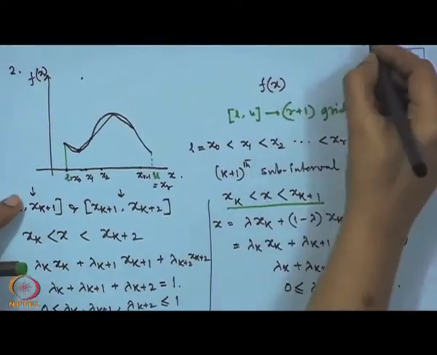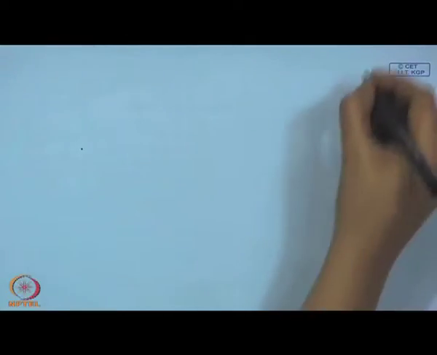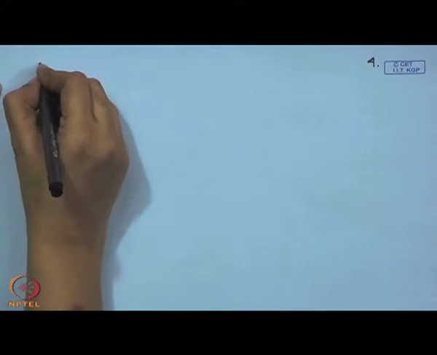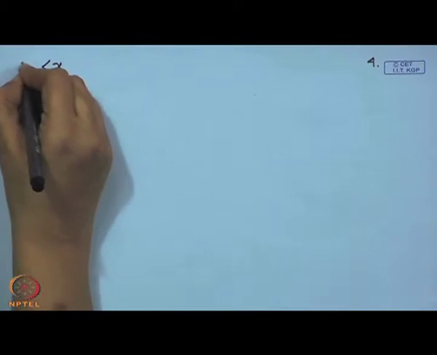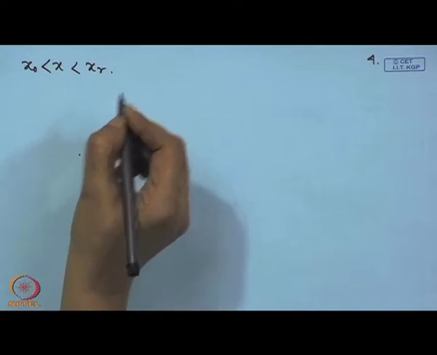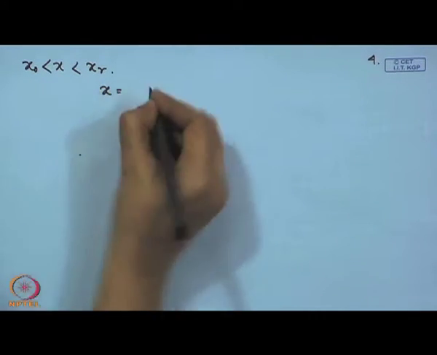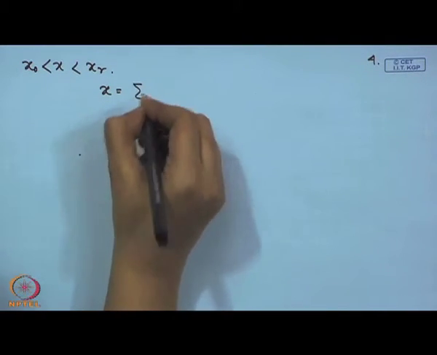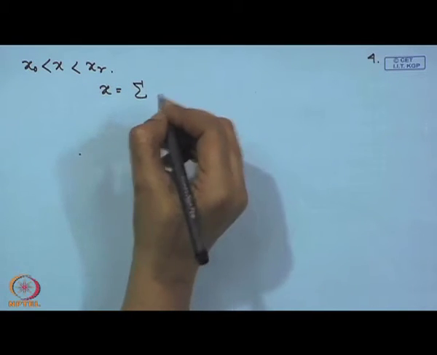If I extend this idea further, then for r plus 1 number of grid points, that is, if we consider all grid points when x is lying in between x naught to xr, any x can be written as x is equal to lambda 0 x0 plus lambda 1 x1 plus lambda 2 x2.